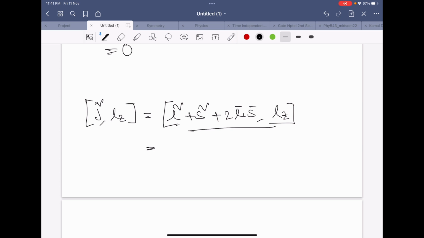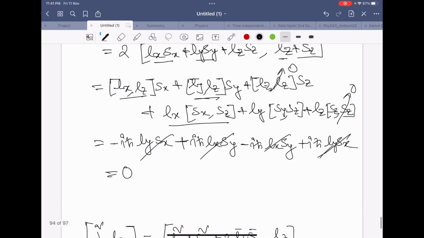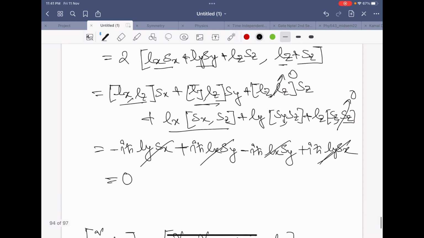L square will commute with Lz, S square also commutes with Lz, so we have L dot S, which is Lx Sx plus Ly Sy plus Lz Sz, with Lz.